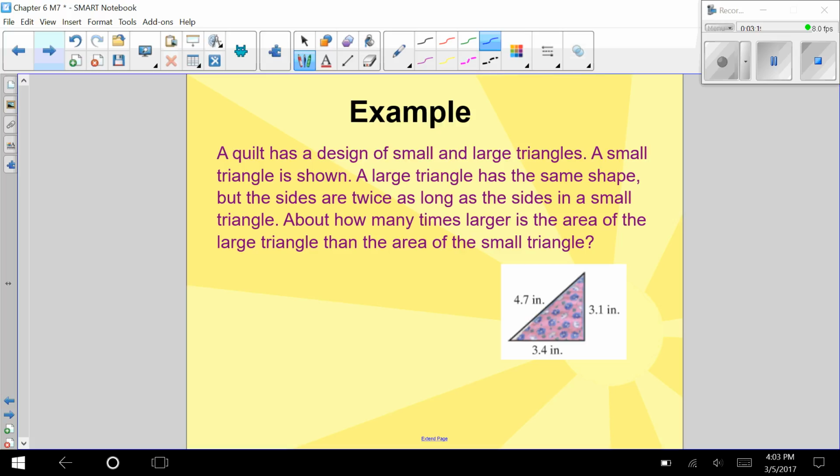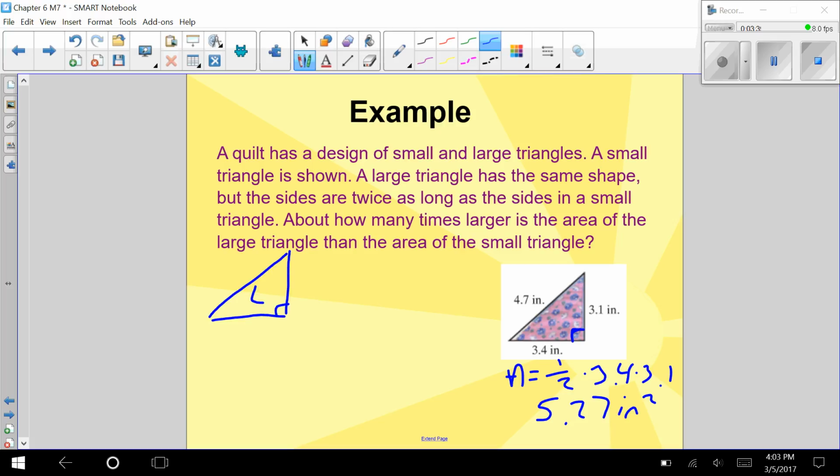So let's first just calculate the area of this small triangle. Its area is 1/2 times 3.4 times 3.1, because this would be the right angle right there. So that area is 5.27 square inches. Now in the larger triangle, let me draw us a little picture here. There's an L for larger. Everything is doubled.